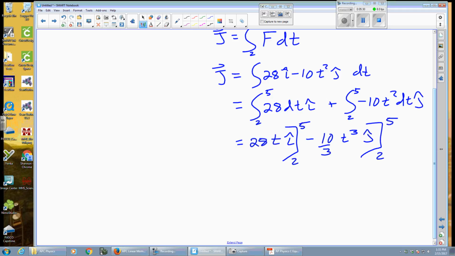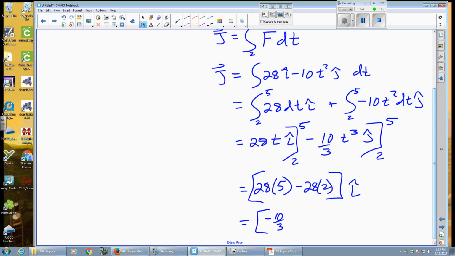And then you substitute, so you get 28 times 5 minus 28 times 2. All of that is your i component, and your j component is negative 10 over 3 times 5 cubed, plus 10 over 3 times 2 cubed.